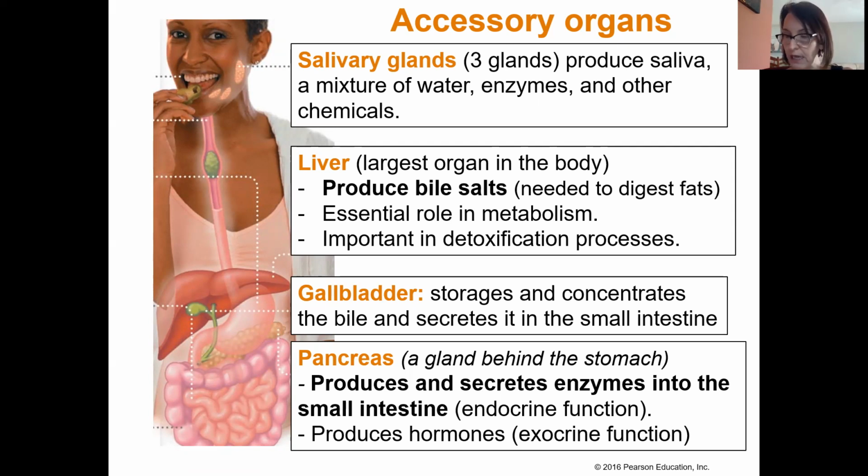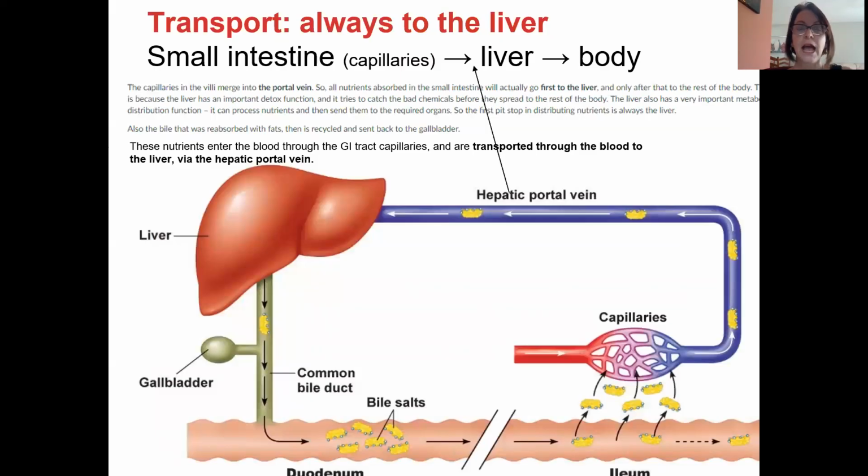When you read, for example, about some fluids or liquids that you can drink to detox your body, that's something that your liver will do naturally if you have a healthy liver. And that's what I was talking about, the liver. Everything that is absorbed in the small intestine will actually go first to the liver.